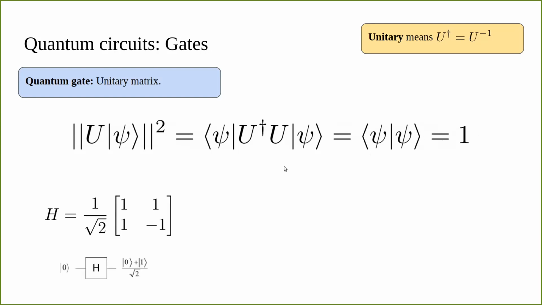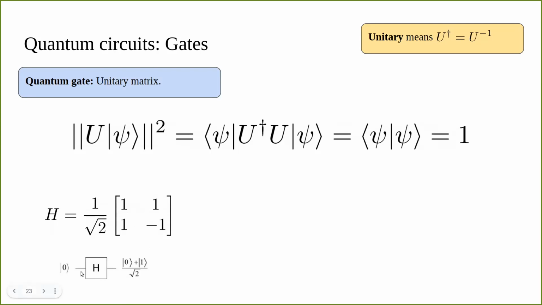Two examples of unitary matrices as gates. One is the Hadamard gate. This is one that we had in our circuit. This is a single qubit gate, which means it's a 2x2 matrix. And it has matrix elements that you see here, 1, 1, 1, minus 1. As a circuit, we represent these things as boxes with some symbol. Often the symbol is just the same symbol as the matrix, so H here.